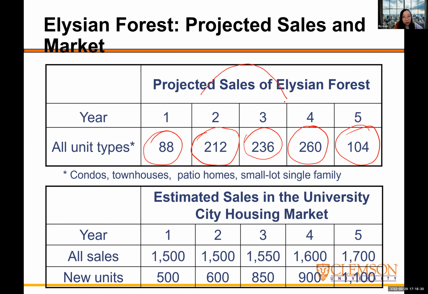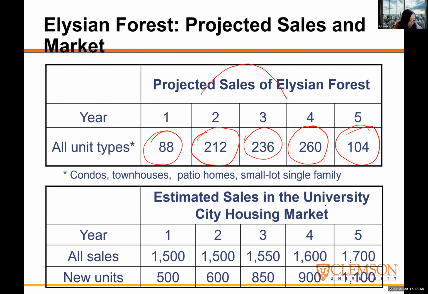So the table below, this is from the textbook, is talking about the estimated sales in the University City, the whole housing market. The first year through 5 years, all sales is pretty stable. They're assuming 1,500 sales in the first 3 years, and then maybe a little bit increase over the next 2 years.